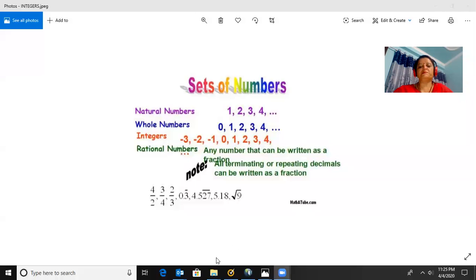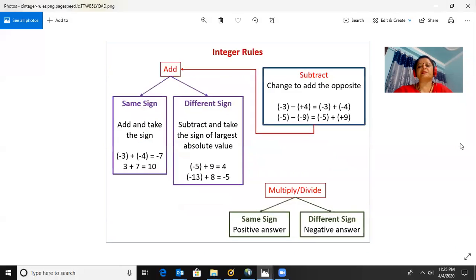Now, I'll tell you how to add, subtract, multiply or divide. As we all know, we can do all 4 mathematical operations on integers. Let us take addition first.